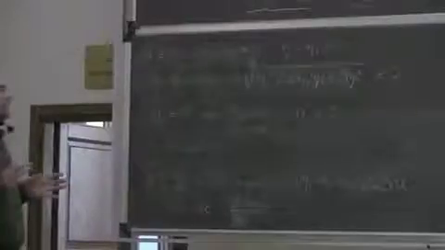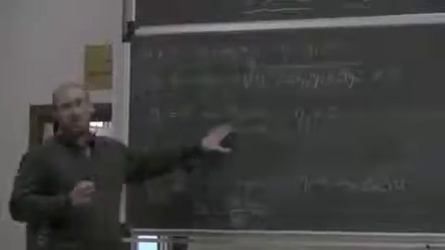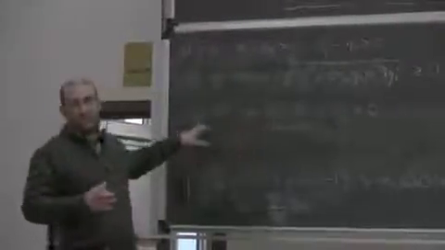We cannot have eta 1 equals 0, eta 3 equals 0, and eta 2 different from 0. This is impossible from the thermodynamical point of view. So I would just say that eta 2 is ancillary with respect to eta 1.